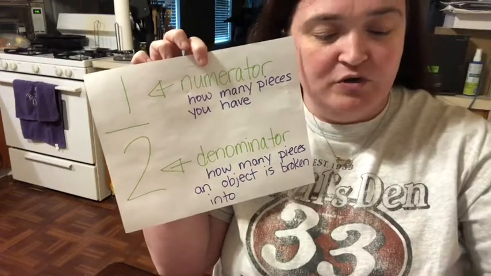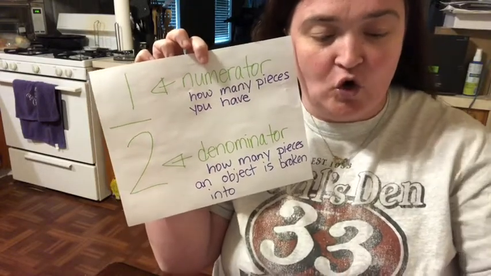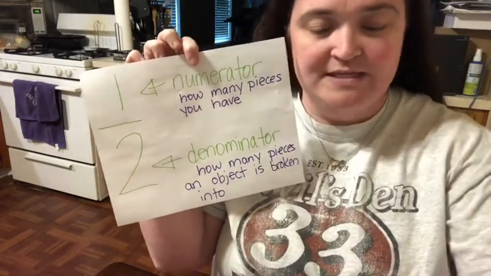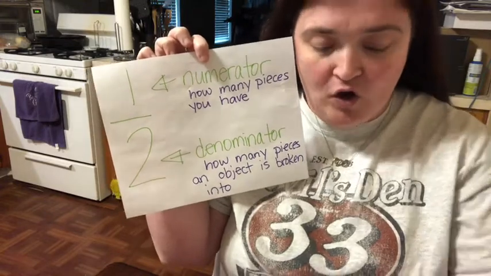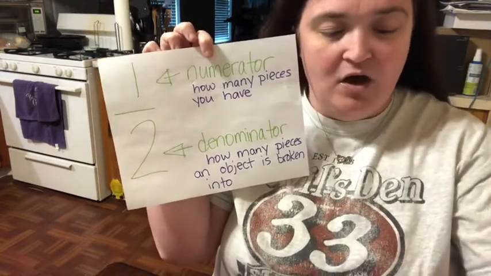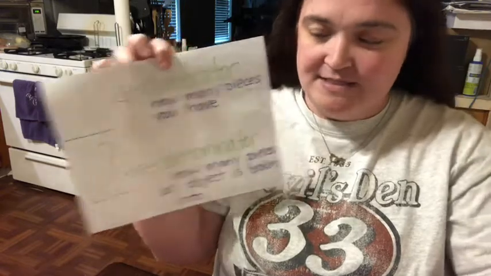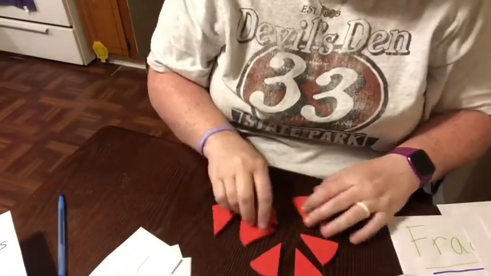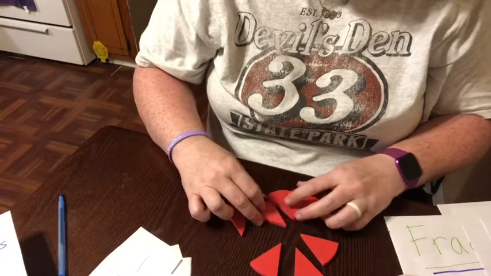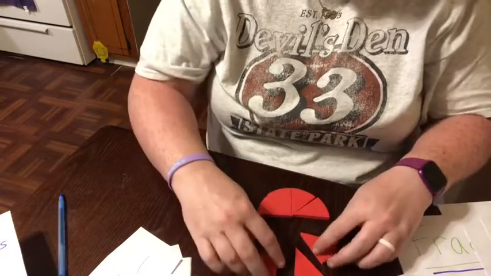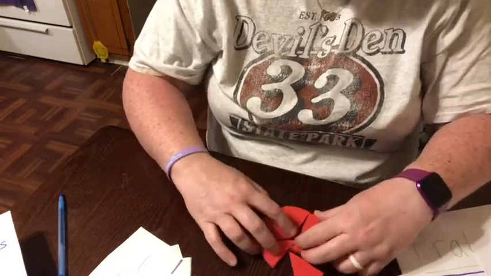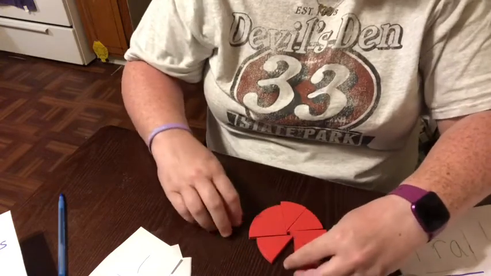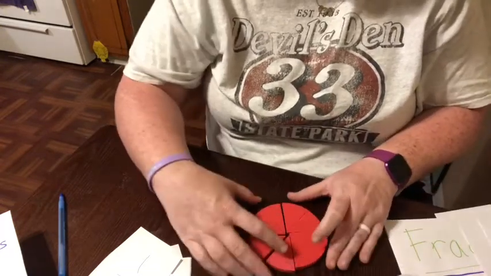Now, I want to show you with a circle where we can see the whole circle all together and we can see all of the pieces. So, let's say I have a red cookie right here. If I have my red cookie, and it's already cut into equal pieces, because that's very important to have equal pieces if we're going to be talking about fractions.